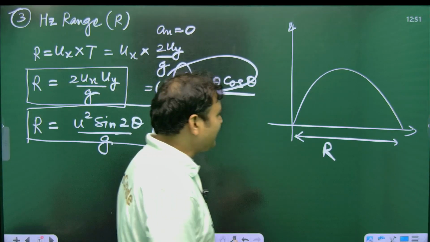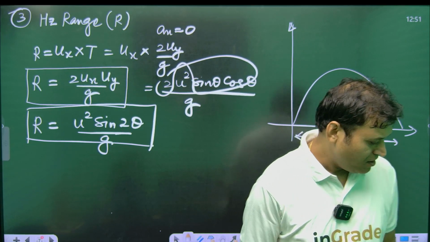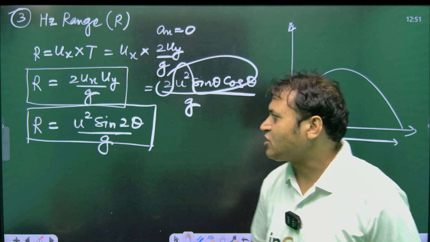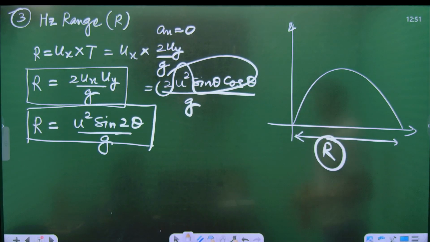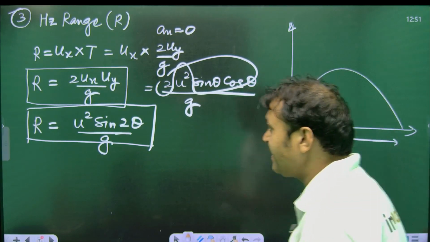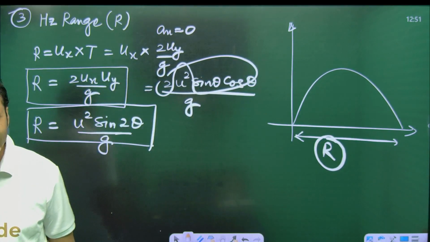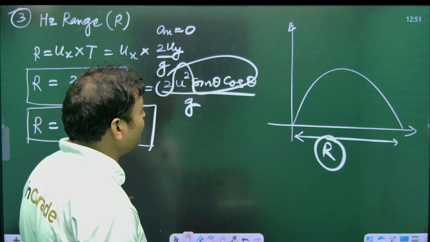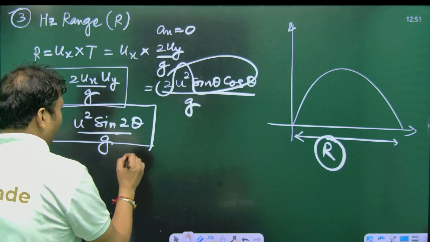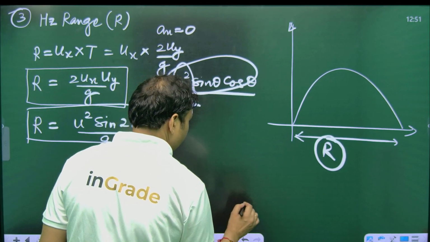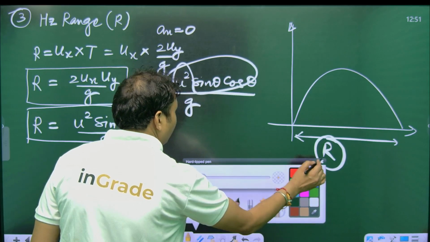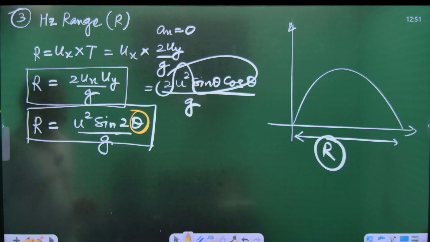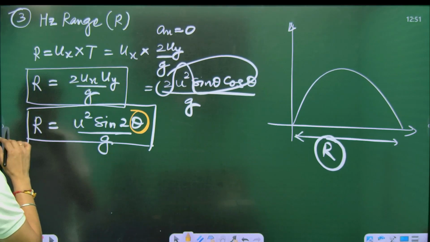But this range can also be made maximum. How to increase this range further? Either by increasing the initial velocity U, or if the particle is thrown with the same initial velocity, if we change the angle theta, then also the range can be changed.